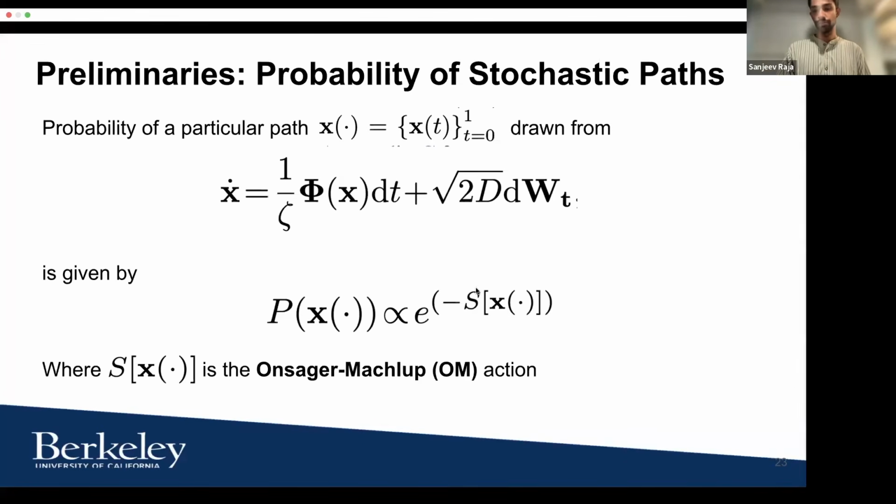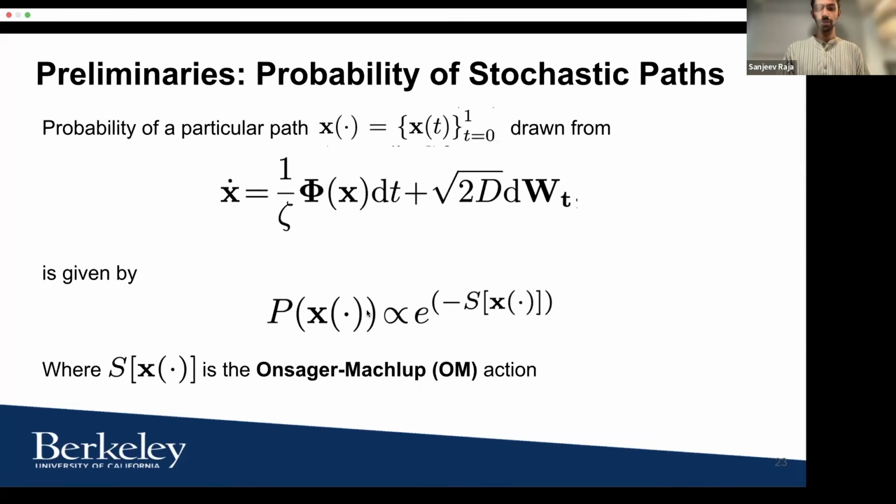And it turns out that this function over paths, or a functional, is called the Onsager-Machlup action. You can think of this as a path energy. So the higher the energy, the exponentially less likely you are to observe this path when you realize this stochastic differential equation.